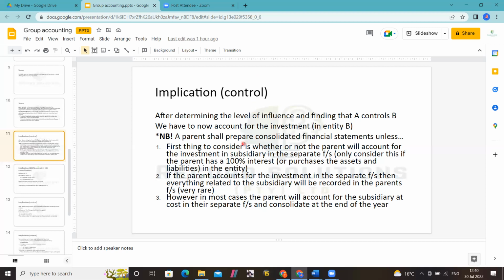And that bicycle is not really used in the business in any way, right? So do you see that that asset is not a part of the business? So it's important to know what's also a part of the business. That bicycle is not a part of the assets, so it won't be in their net asset value, right? Because it's not a part of the business. So it's very important to know also what's a part of the business in business combination.